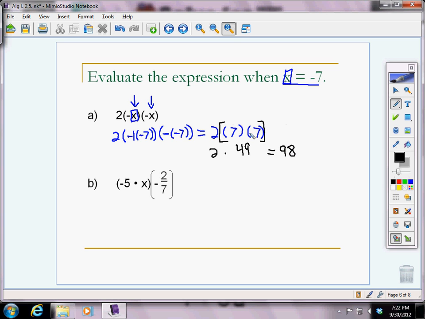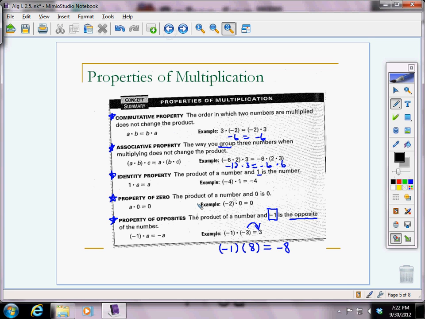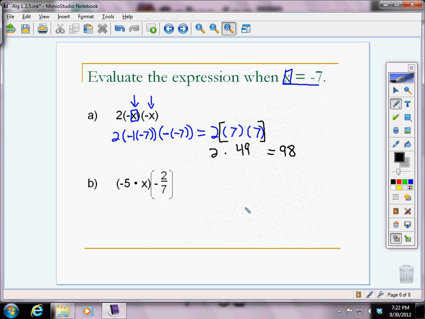So if you put in some grouping symbols, like I put in the brackets here, that's the associative property. Just be aware that we might do these things anyway, but there's a property that says it's okay to do them. And that's what these properties do. They allow us to manipulate numbers to make it easier for us to evaluate them.